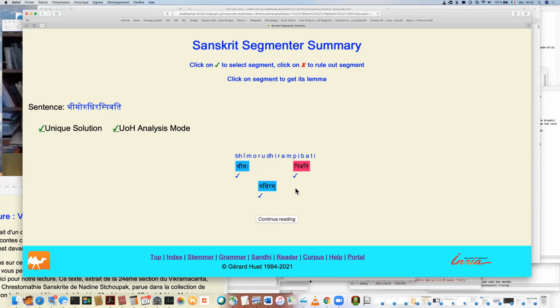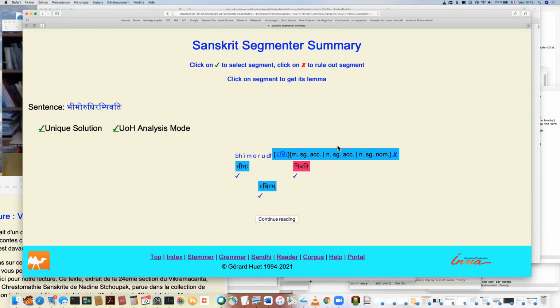The vibhakti you get by clicking on the rectangle, and now you get the lemma of the pada, that is, its pradipadika and its vibhakti. So same here. If I click on the rectangle, I have Rudira, pradipadika, and here it's vibhakti. It's possible vibhakti, see?